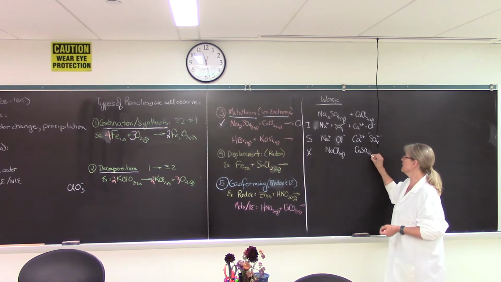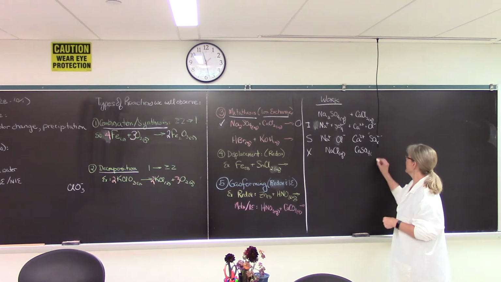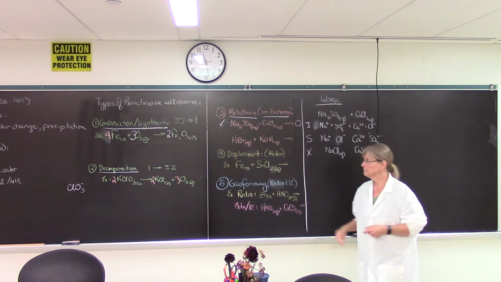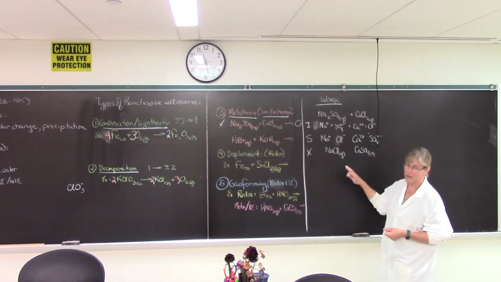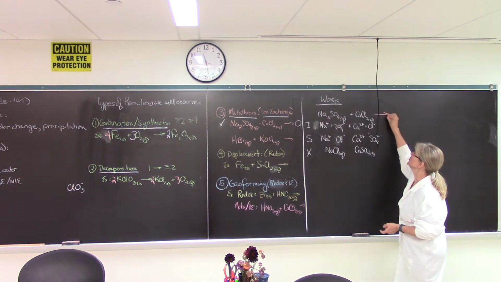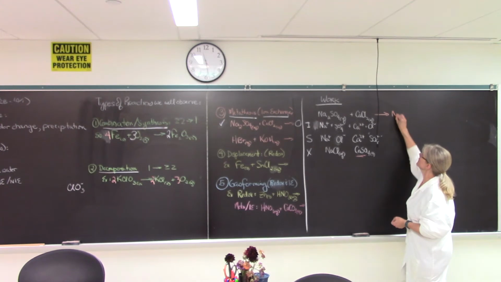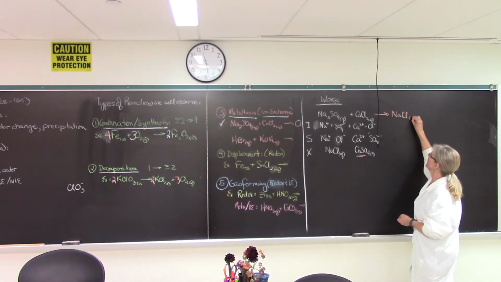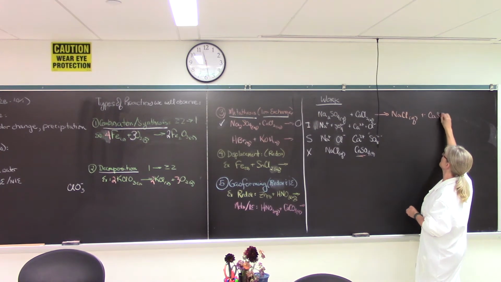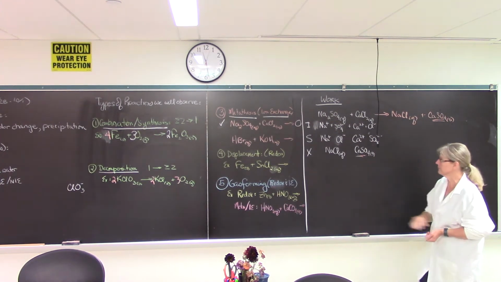Calcium sulfate is actually, I believe, plaster of Paris, and it is a solid, or your walls would dissolve every time it rained, which is not a good idea. So we can see that we do have a reaction because we got a product. We have NaCl, aqueous, and calcium sulfate, solid. So this is our product.